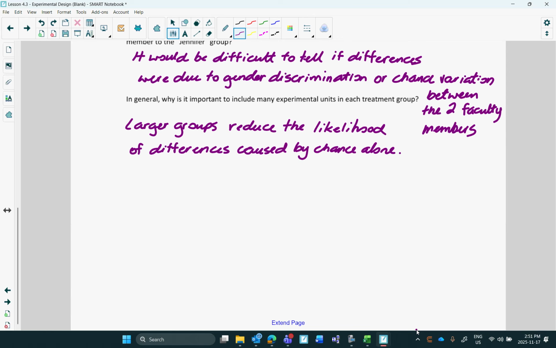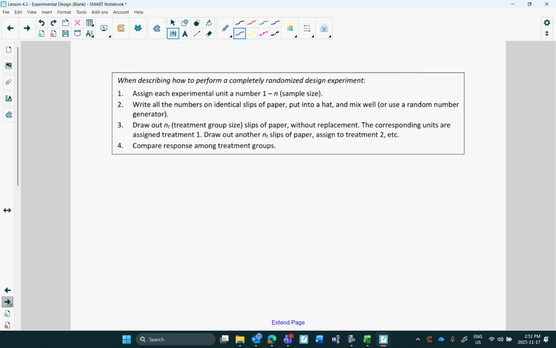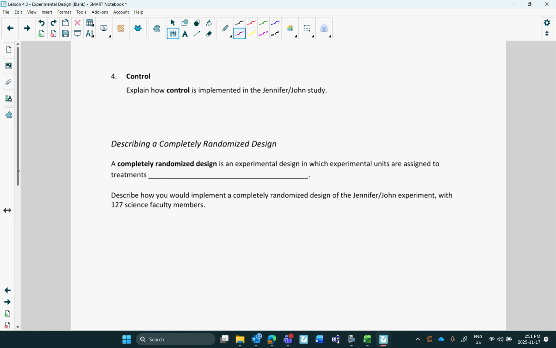Finally, control, which we've really been talking about the whole time. Okay? We want to control for confounding. That's what we want, so we can isolate: does this explanatory variable cause this or not?